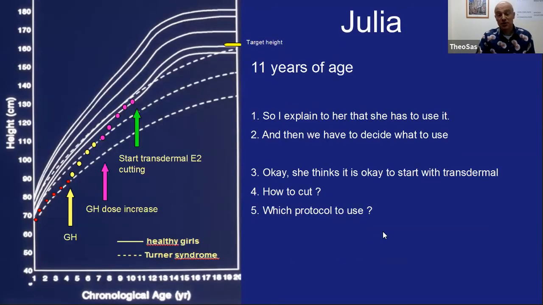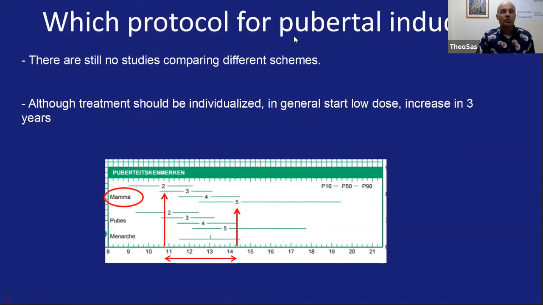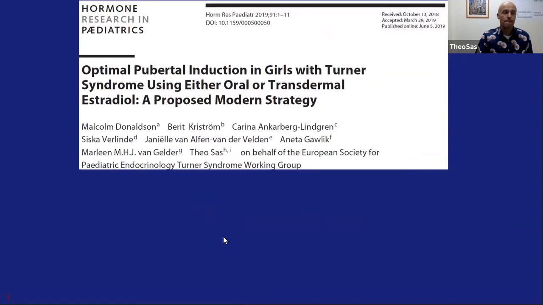So I explained to the patient how to do it, to Julia, and we started. But for how to do the pubertal induction, we do not have any studies comparing the different schemes. And of course, you always have to individualize, starting with a low dose, and then you need your time because normally B2 to B5 takes 3 years.